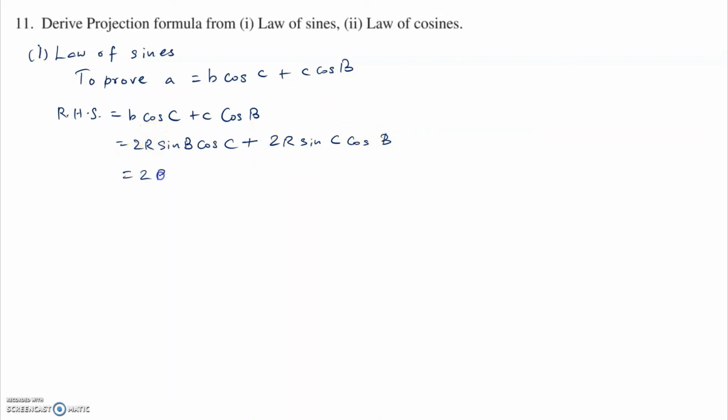Now let's take the 2R, which is common, outside. So this is sine B cos C plus sine C cos B. Now this is in the form of, let me put this 2R here outside, sine B plus C.